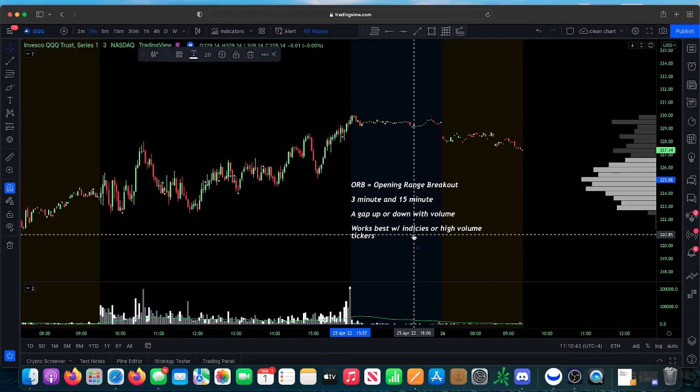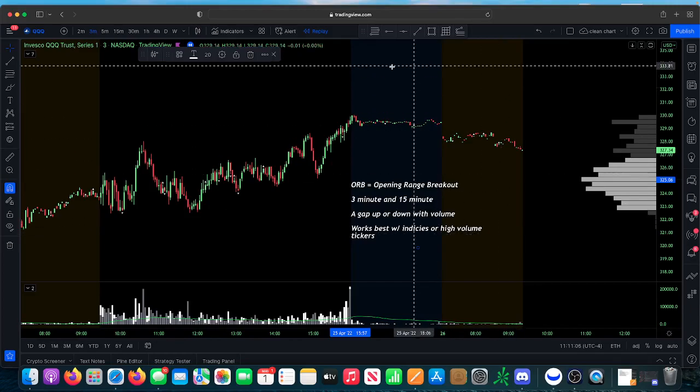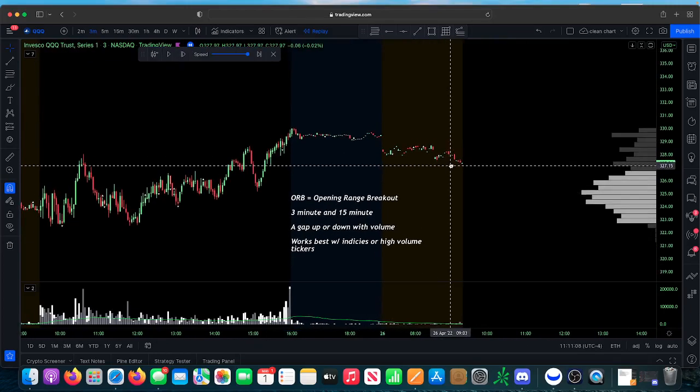IWM is great for the small accounts because you can get way closer to the money without spending so much. If you have a larger account, I would really recommend just doing SPY and QQQ. I haven't tested it on a lot of different tickers because I'm usually just playing SPY. So SPY gaps, I'm looking to play the orb.